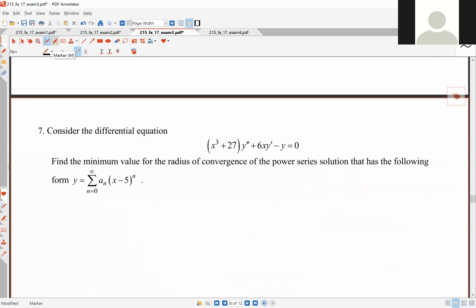Minimum value for the radius of convergence of the power series solution that has the following form. So your point that you're expanding about is 5, and you wanted the distance from 5 to the nearest singularity of this equation. And the singularities are negative 3.